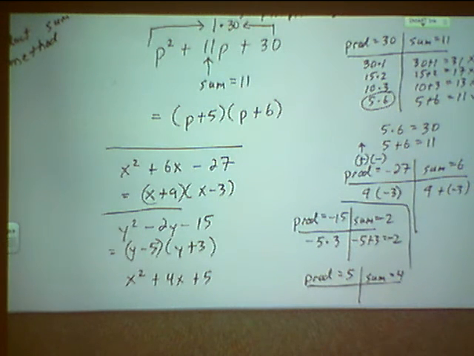And now let's see if I can come up with two numbers that when I multiply them together equal 5, but when I add them equal 4. Well, actually, there's only two numbers that multiply together equal 5, and that's 5 times 1. However, when I add 5 plus 1, I get 6. So 5 and 1 is not going to work. But you know what? There are no other possibilities. There aren't any more numbers that multiplied together equal 5.